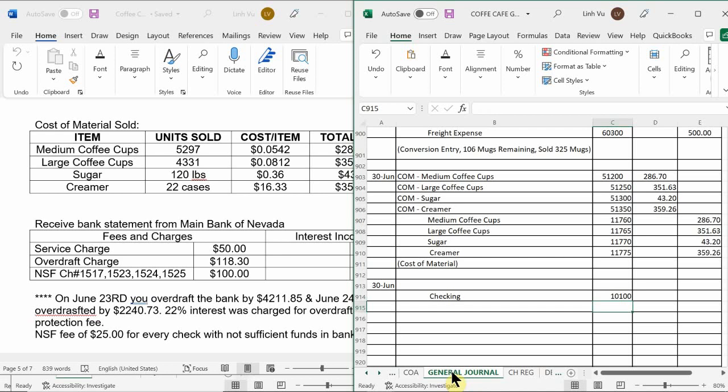Take a look at your chart of accounts. Is this a bill? It's not a bill because it came out of your checking account immediately. Is it accounts payable? It's not accounts payable because you didn't owe this money. They took it out of your checking account immediately. You don't owe this money.